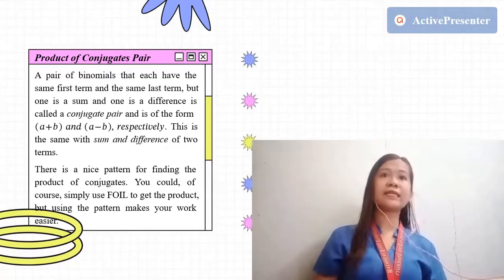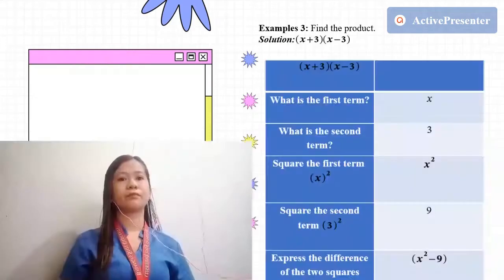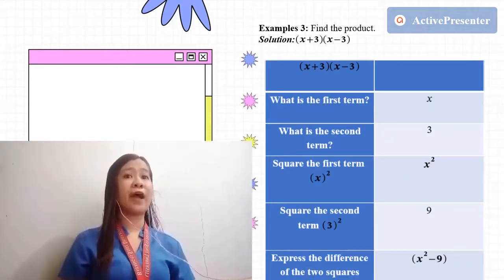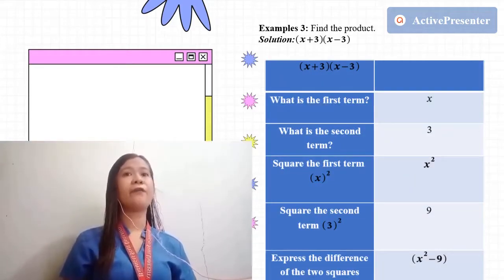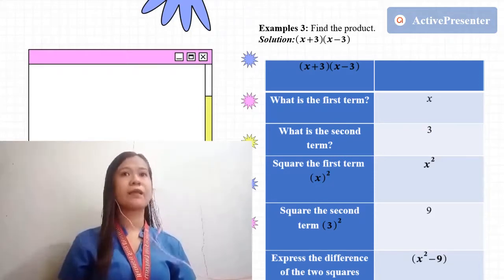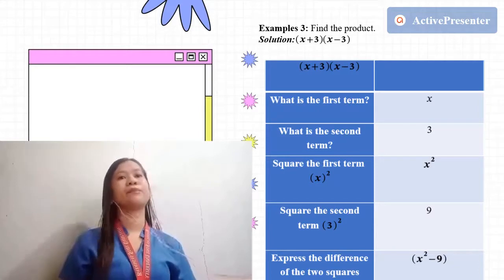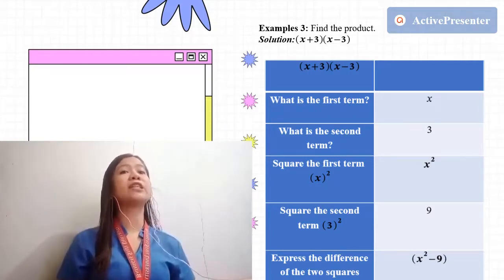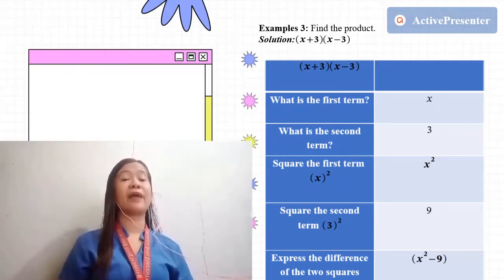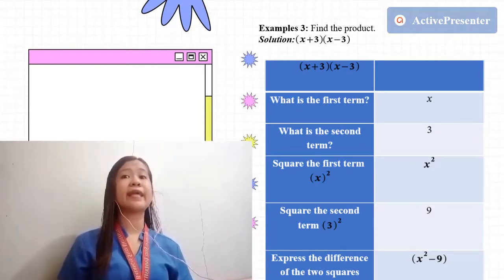So let us have the first one. Let us find the product of x plus 3 times the quantity x minus 3. What is the first term? We have x. What is the second term? We have 3.